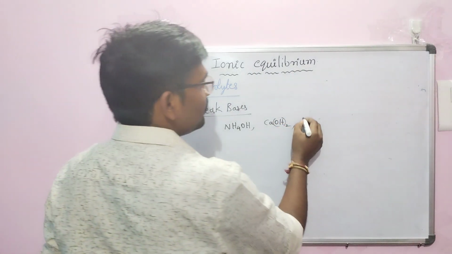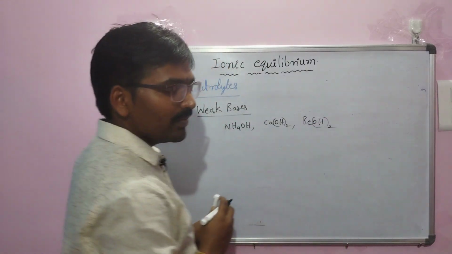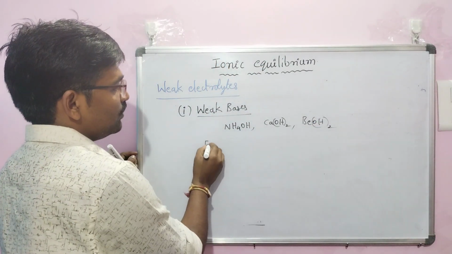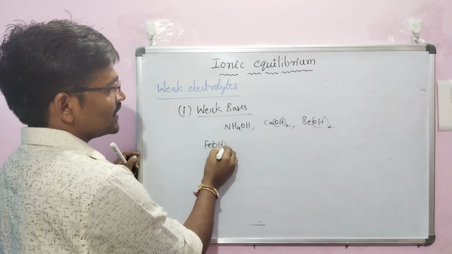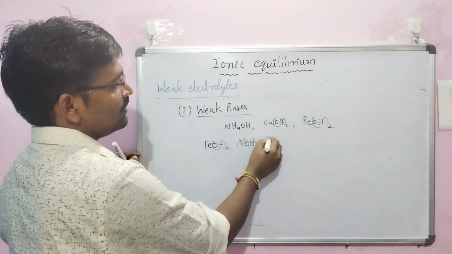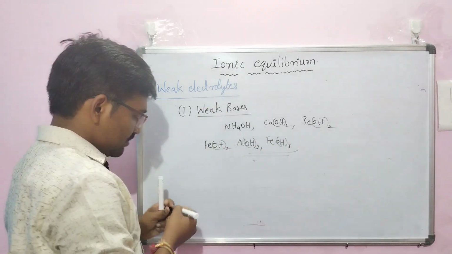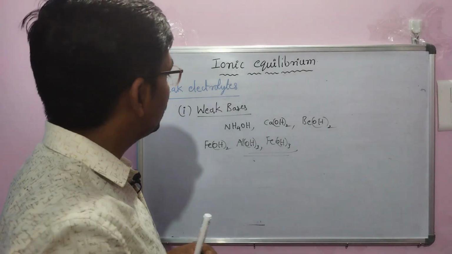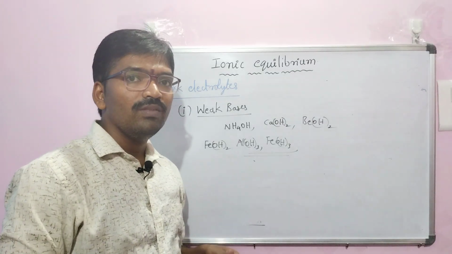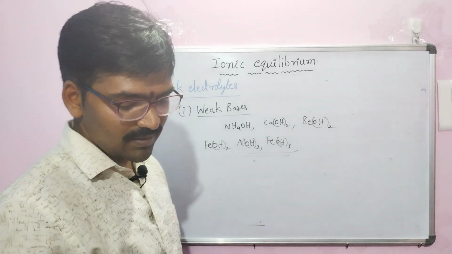Then Be(OH)2, beryllium hydroxide. Then Fe(OH)2, Al(OH)3, Fe(OH)3. These all are weak bases. For weak bases, complete ionization does not take place.